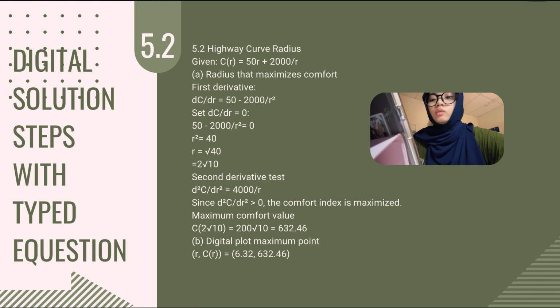Substituting R equals 2 square root of 10 into the comfort function gives a maximum comfort value of approximately 632.46. Using a digital graph, this maximum point is shown at R equals 6.32 and C of R equals 632.46.